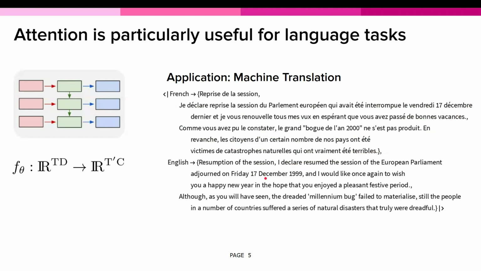On the other hand, there are some trickier situations, like in order to translate Bug de l'an 2000, you need to direct your attention to this entire subsequence of words at once in order to translate that correctly to Millennium Bug in English. And so we want a flexible way to figure out how to direct our attention. Do we need one word? Do we need to look at the whole sentence? Can we look at part of a sentence? So this is what we're after.